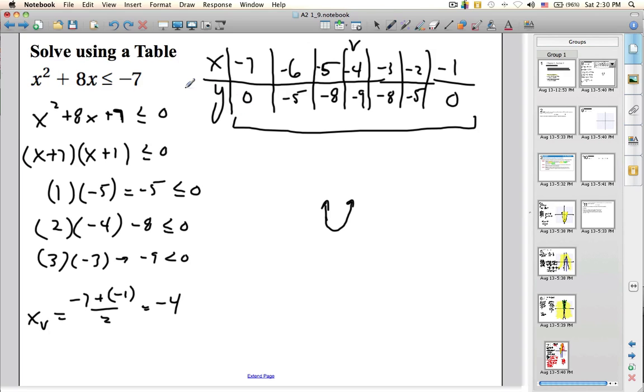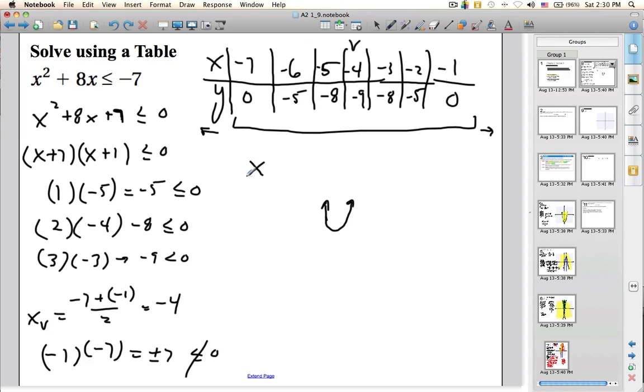Right? If I go further in this direction, and I can show you, if I use -8, -8 plus 7 is -1, and -8 plus 1 is -7, that equals +7, and that is not less than or equal to 0. So that would not be part of the solution. So all of these guys out here and all these guys out here will not give me values that are less than or equal to 0.